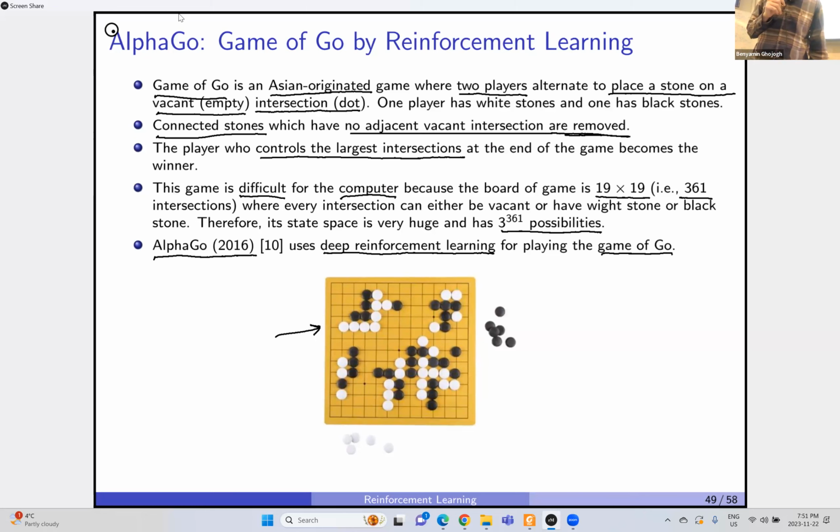AlphaStar, I think. What was it for? I don't know. I know another one, AlphaFold, for DNA and genes. Whenever they have some revolutionary thing, they call it alpha something. So AlphaGo was proposed in 2016, and they are usually published in Nature.